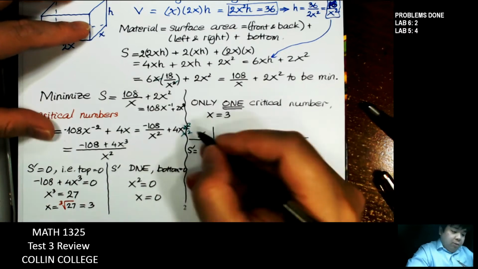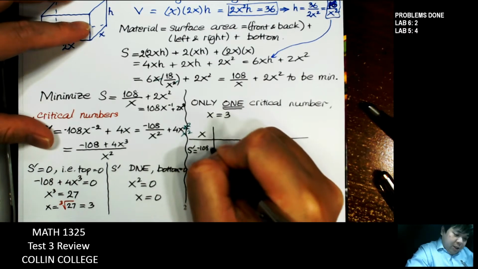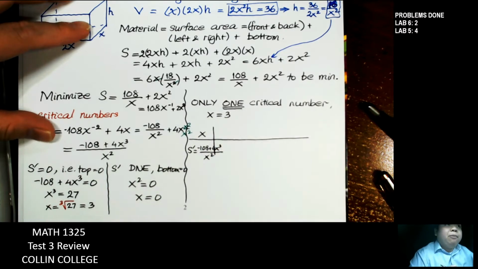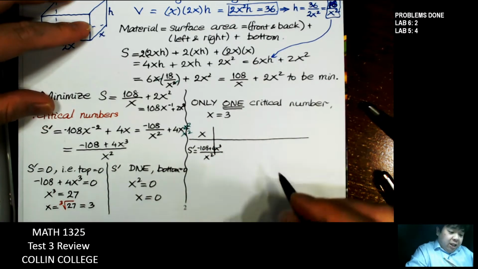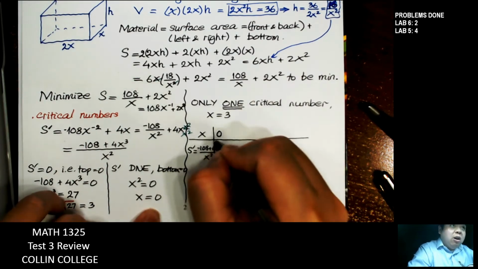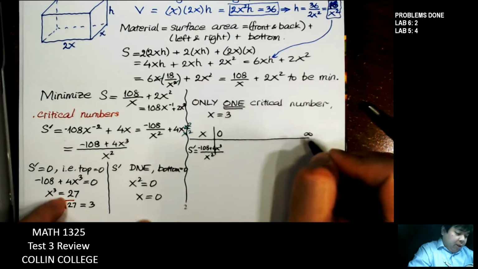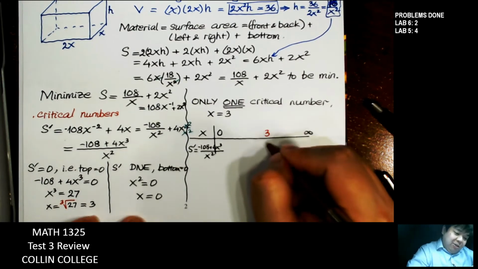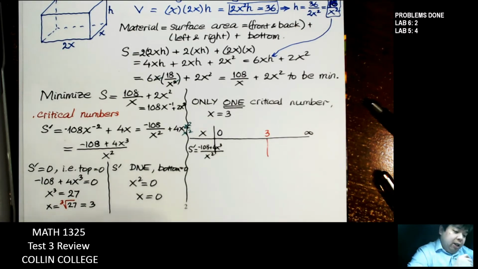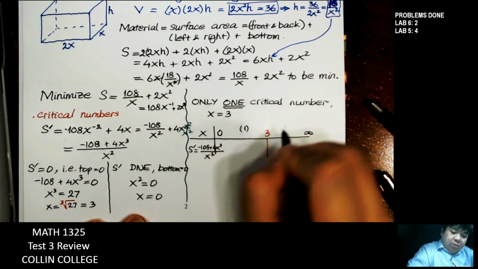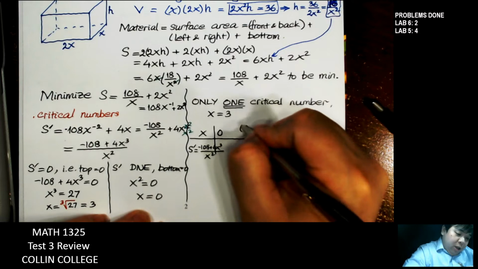So if we put on the sign chart the derivative, negative 108 plus 4x cubed over x squared, I just put that here. X cannot be negative or 0, so we start from 0 and go to infinity. The point we have is 3 in the middle.